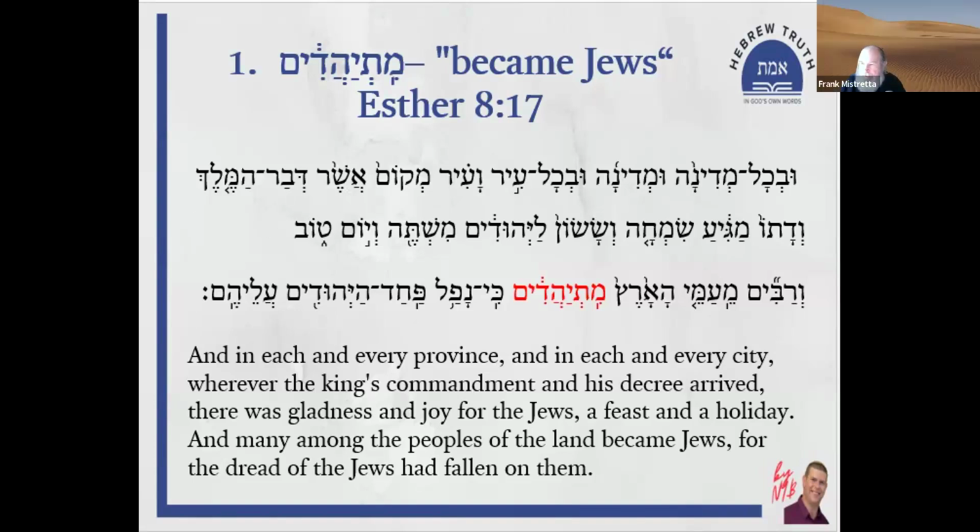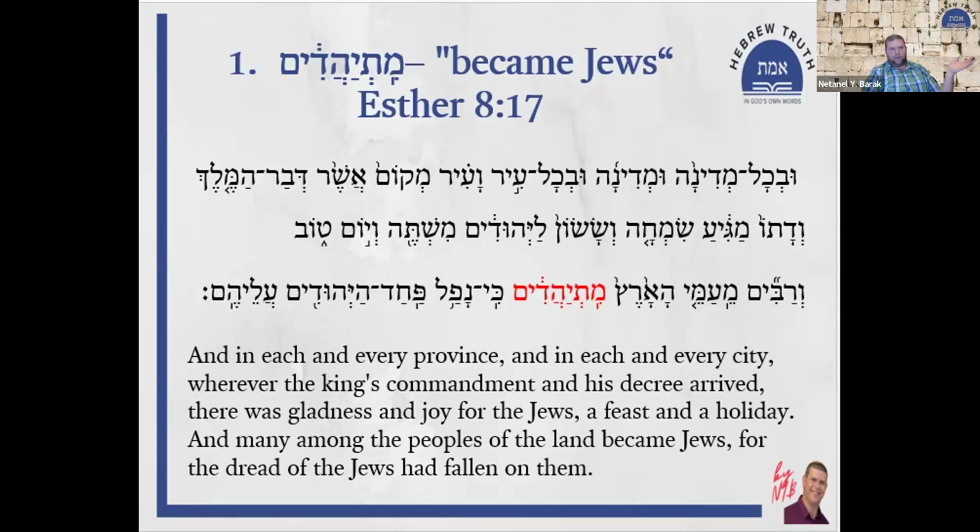Just quickly, now is this word a hapax legomenon? Mityahadim? Yes. It does not appear in any other place. Obviously the root is not unique, but the word itself is.